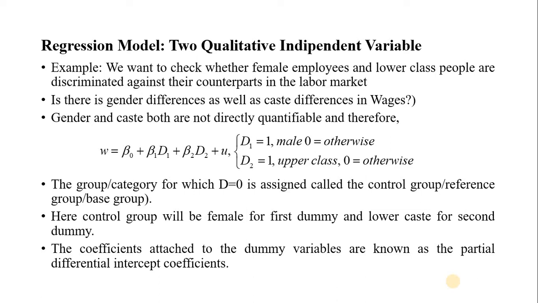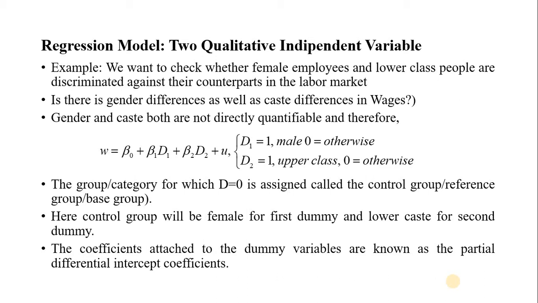We have included only one dummy, but if you are going for a real economic analysis, or doing a project or research, you may have more than one independent variable that is qualitative in nature. So how can we include more than one dummy independent variable in a regression model?